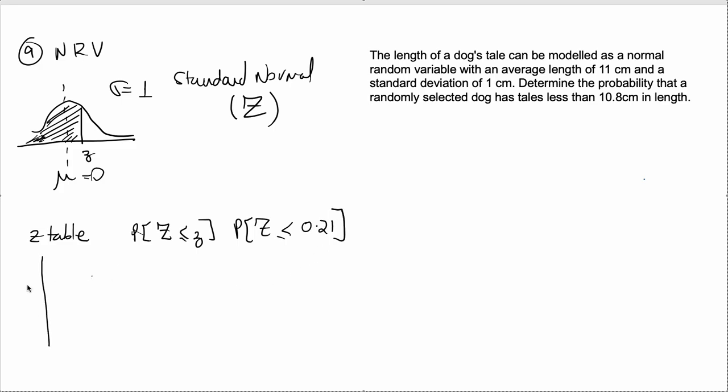What you would do in the table is you would go to the column that has a 0.2, because this is the first digit, and you would go to the column that is 0.01. If you sum up both of these numbers, you will have 0.21. So you will go through this row, go through this column, and the figure that is sitting here is the probability. Okay?